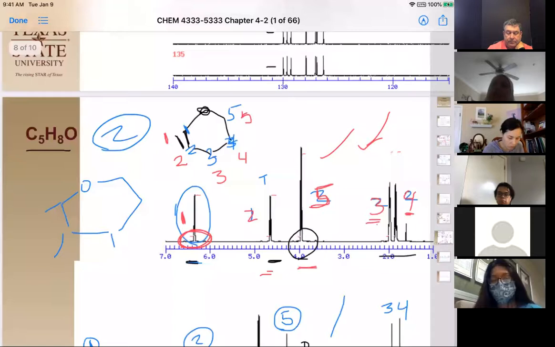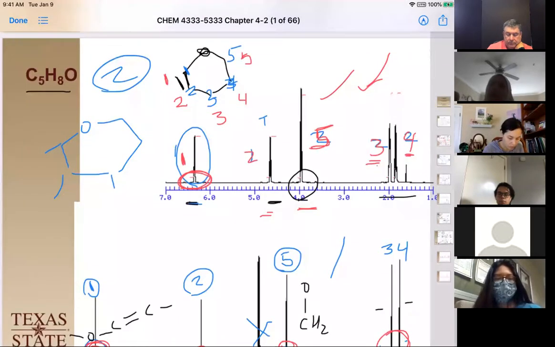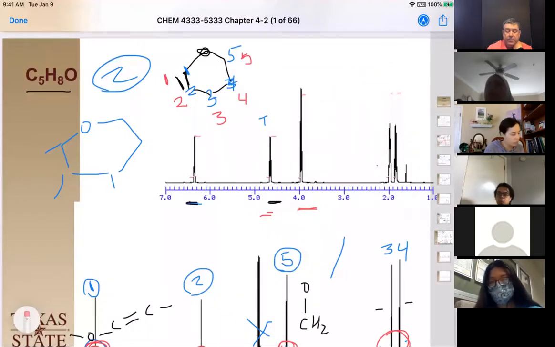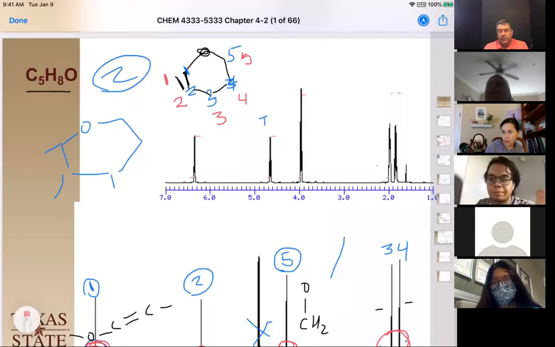I'm a little confused about the integration. Is there any particular way to know that it is 3 and it is 4, it is 1? Sometimes I'm confused with 4 and 5 and 3 to 4. They are very close. What you can do for that is, because the height of the integration here is the same, you can take a piece of paper and mark one of the peaks that looks like the smallest, and say, okay, that's one of these units, and then this one's also one of these units, and this one's 2 of these units.